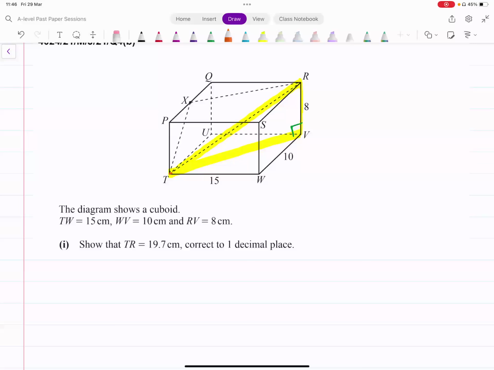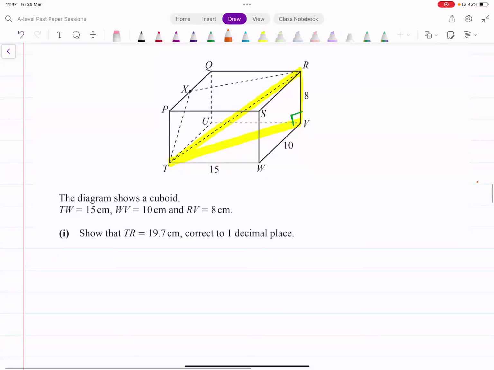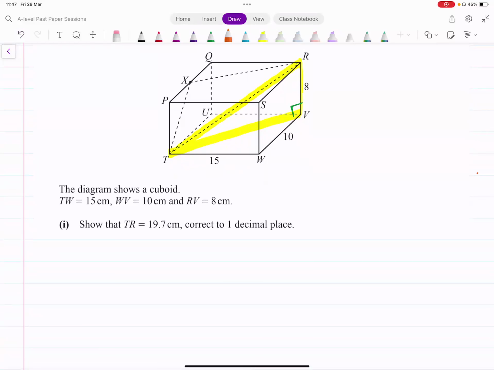We can first use this triangle, PVW. This is also a right angle triangle. Remember, it's a cuboid. The base is a rectangle. So this is going to be a right angle triangle. Let's consider this one, triangle TWV. This angle is a right angle. We have two sides for this already, 15 and 10. We can find TV.